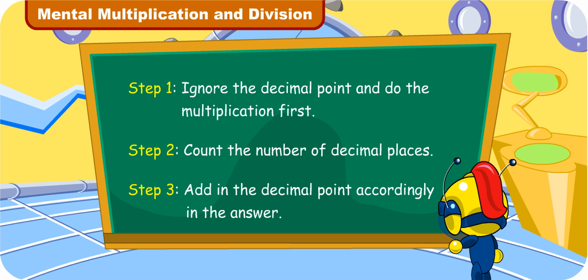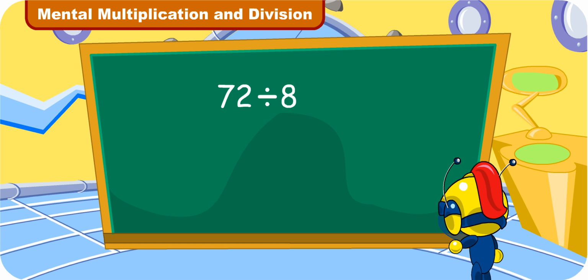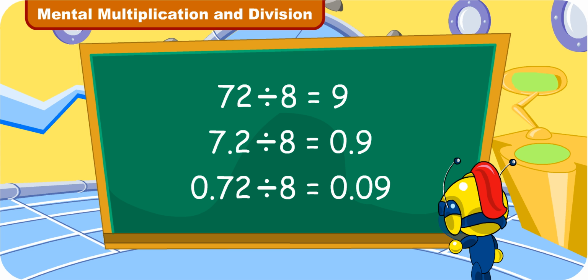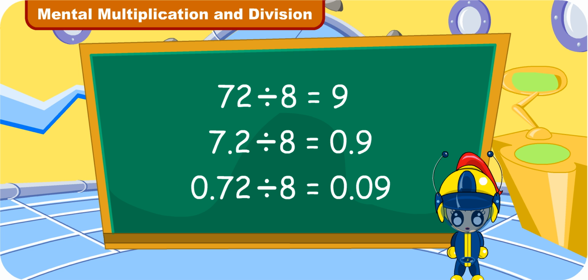For example, 72 divided by 8 equals 9. 7.2 divided by 8 equals 0.9. 0.72 divided by 8 equals 0.09. This is fantastic. I can do my questions on multiplication and division of decimals much faster now.